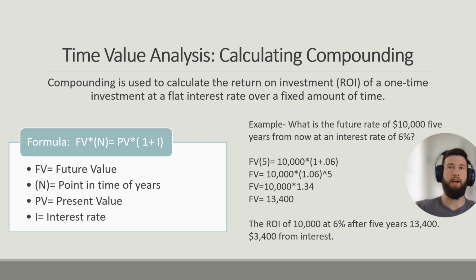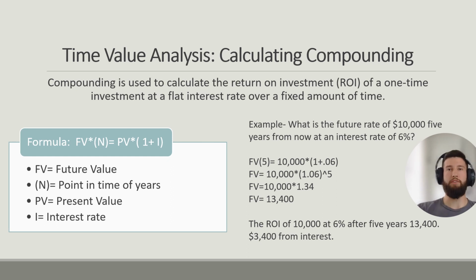So the example I have here is, what is the future value of $10,000 5 years in the future with an interest rate of 6%? The goal here is to see what the $10,000 accumulates to 5 years from now. To the right here, I've worked out the formula for you in 4 steps. You take 10,000, that's your present value.